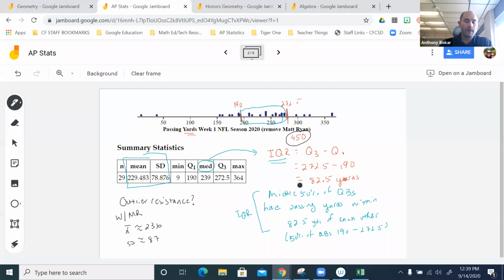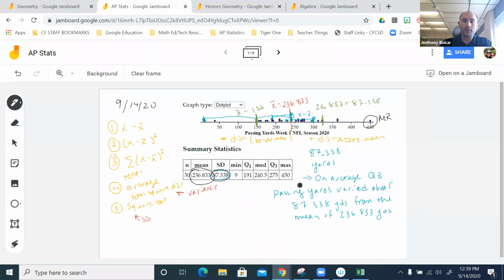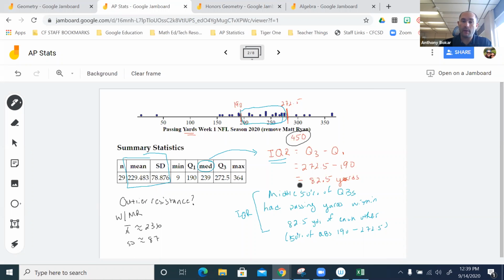If you think about the mean, it takes the total of all of these players, adds them up, and divides by however many there are, right? By taking out Matt Ryan, the mean went down to 229. The standard deviation went from 87 to 78, which makes sense because Matt Ryan in this picture over here contributes a lot of distance to the standard deviation calculation. But that contribution is gone now, when you're thinking about adding or taking out somebody who's well above the average.